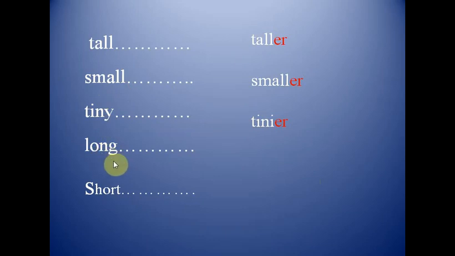The next word, long. That's okay. I can add the ER or the EST very easily. Longer or longest. Very easy. The word short. Are we gonna change anything here?